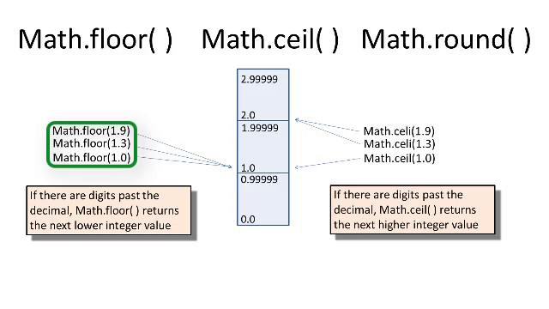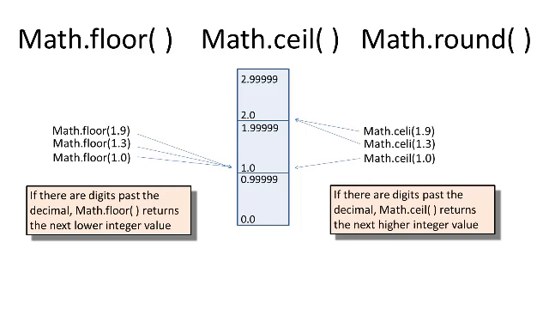Math.floor(1.0) returns 1.0. Math.floor(1.3) and Math.floor(1.99999) also return 1.0. Math.ceil returns the next highest integer value if there are places past the decimal. Math.ceil(1.0) returns 1.0. Math.ceil(1.3) and Math.ceil(1.99999) return the next highest integer value, which would be 2.0.